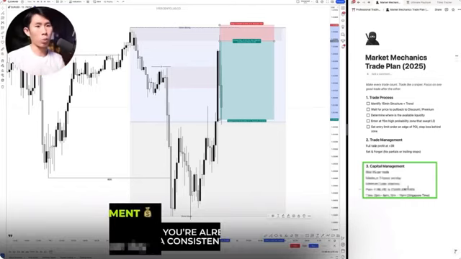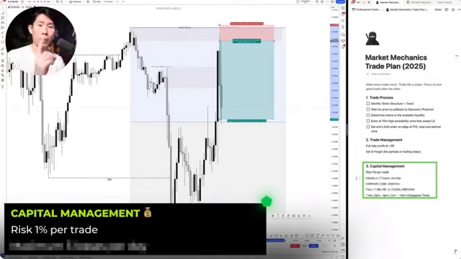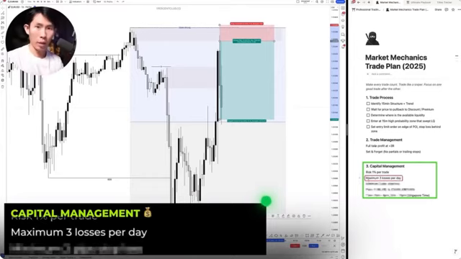So our capital management rule states that we are only going to be risking 1% of our total capital per trade. So if we have $100,000 in our capital, we will only be risking $1,000 on each trade, right? So based on this, I will go on to a lot size calculator and determine the correct position size that I should be using based on my stop loss and my risk per trade. The next rule is max 3 losses per day, right?